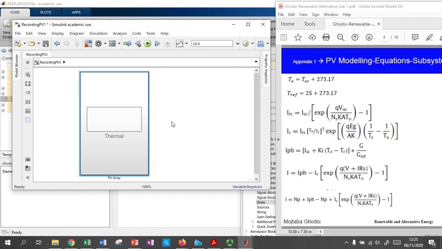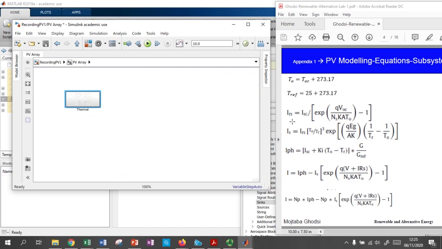No problem. Our expectation is that the output from this array, like a real PV solar panel, is that we can measure one voltage and one current, and then we measure the voltage versus the current. The thermal part of the solar panel is inside of the PV array.